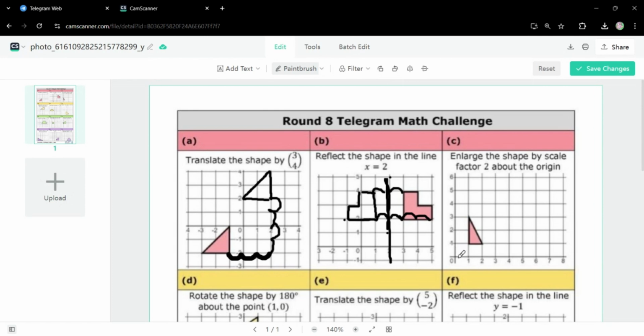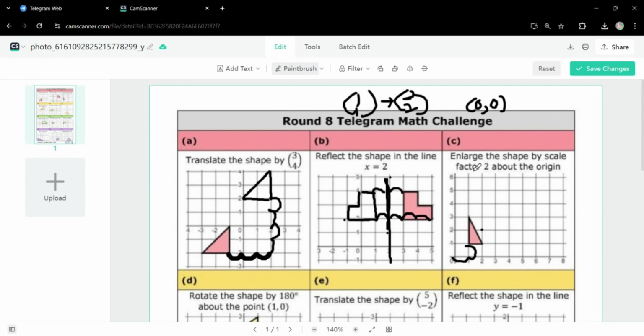Now we're on question C. Enlarge the shape by scale factor 2 about the origin. The origin is the one I drew above, 0, 0. There's a triangle here. Basically you just have to times 2 the movement, so you can see it's 1, 1, because it's 1 unit to the right, 1 unit up, so you times 2 and get 2, 2, because it's scale factor 2.